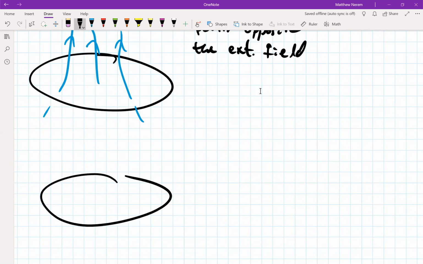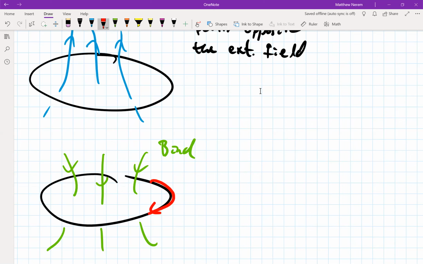So we'll just draw this again. That means we have to have an induced field like that, which means that our current is going around counterclockwise.